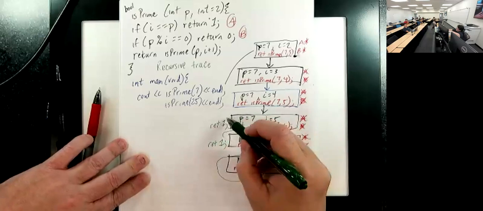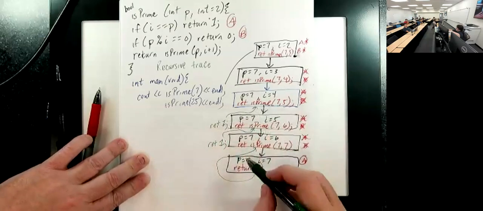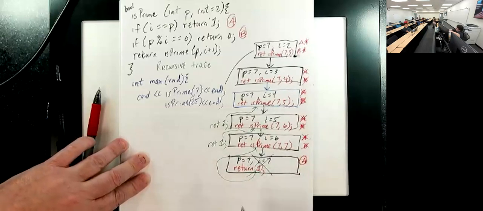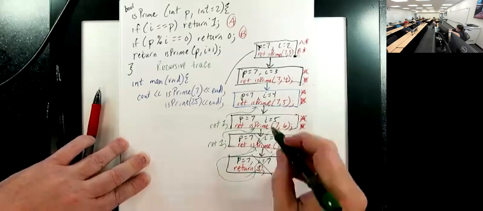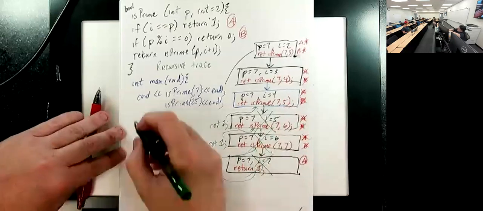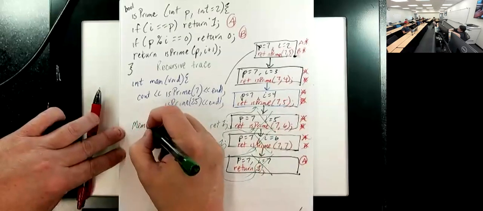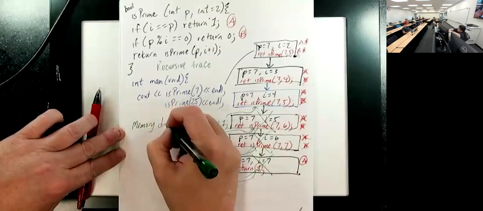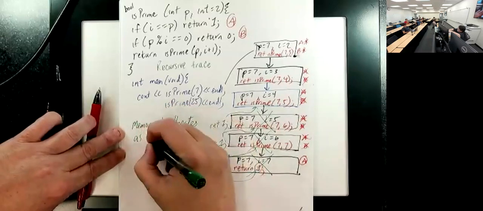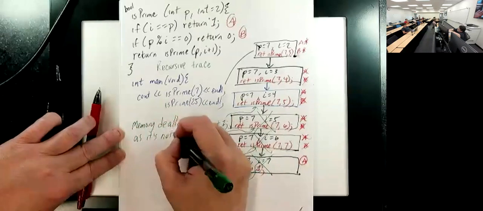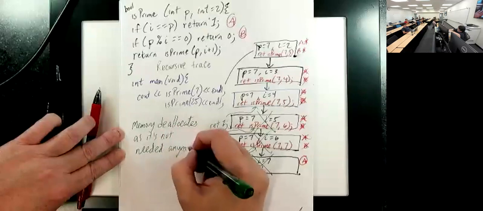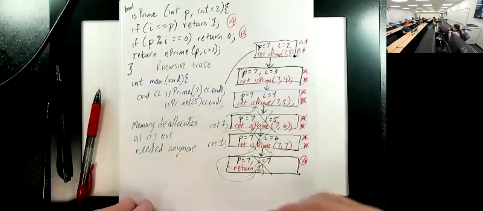And you can see this is going to go all the way back up. And as each time it goes back up, this one closes down, then this one closes down. It's deallocating memory as it doesn't need it anymore. So memory deallocates as it is not needed anymore. This one comes up here.